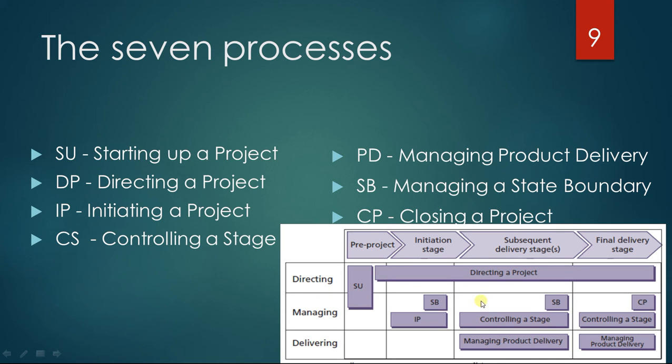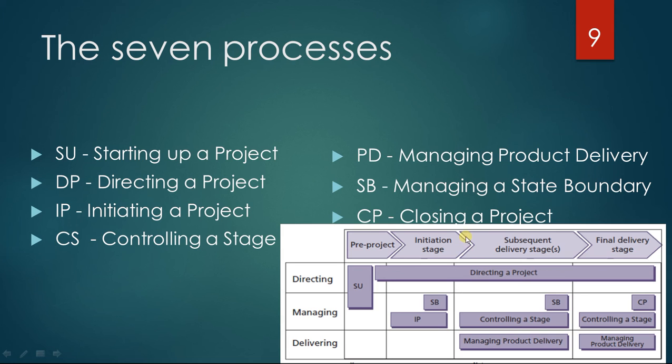And then after that, there's the initiation stage, where you start finding out how you're actually going to do this project. If you're building a house, you start making the blueprints, and finding some contractors that can build it and get all the paperwork ready.